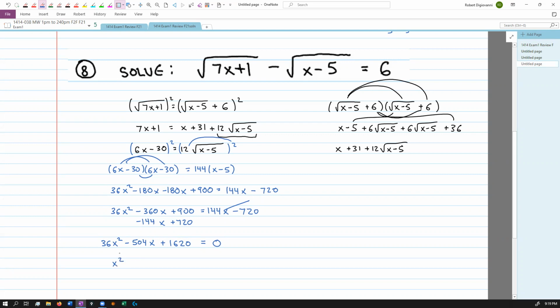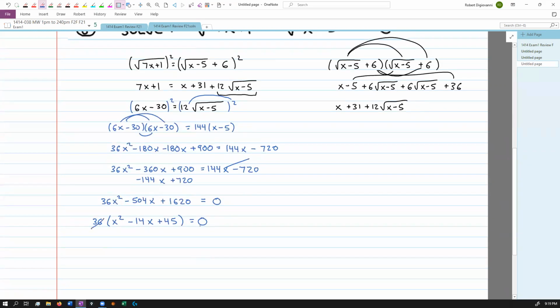Okay, you can factor out a 36 from all of these. So you get x squared minus 14x and then plus 45 equals 0. We're getting there. Divide 36 on both sides and you still get 0 equals this.